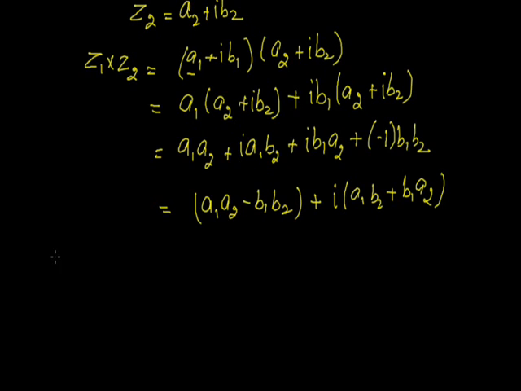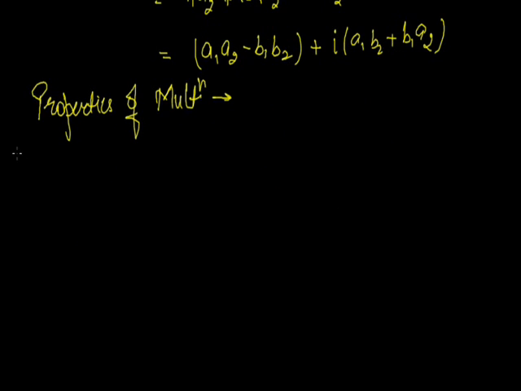Now we will read about properties of multiplication. As we see, the first property is commutative property. So just check whether commutative follows or not in multiplication.